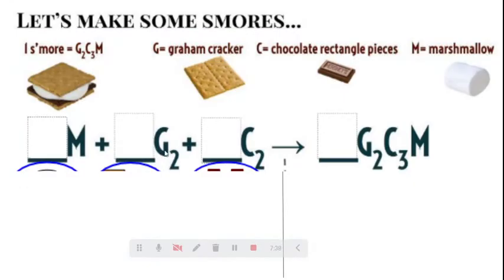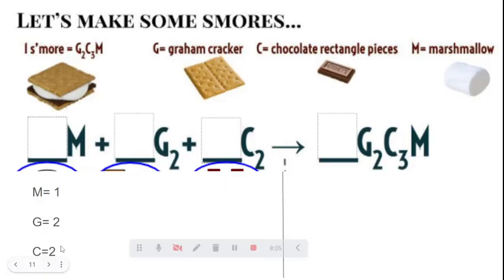So let's look at this equation here. The first thing I can always tell you is that it is essential that you put the element on the left side and the element on the right side the exact same way. So let's first count them. How many marshmallows do I have? Well, I have 1. How many graham crackers do I have? I have 2. How many pieces of chocolate do I have?